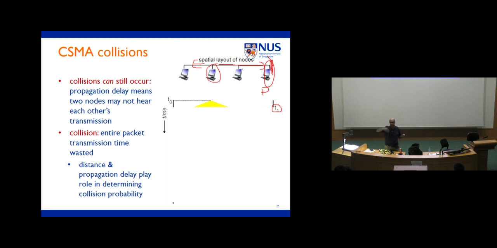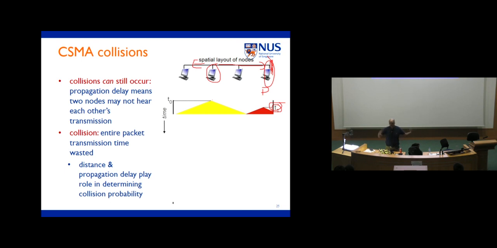The cable may be a few hundred meters long or a kilometer long. Your signal has only crossed engineering, hasn't reached medicine yet. And the node at medicine decides to transmit now. So when this node senses the channel is still idle, it says, I'm allowed to transmit. I will start transmitting.